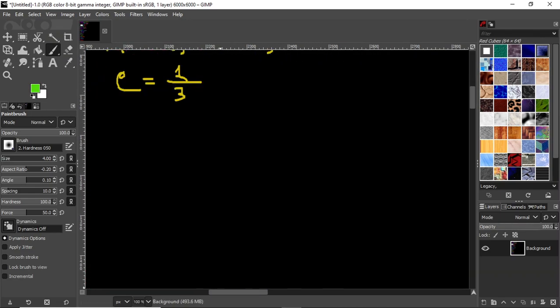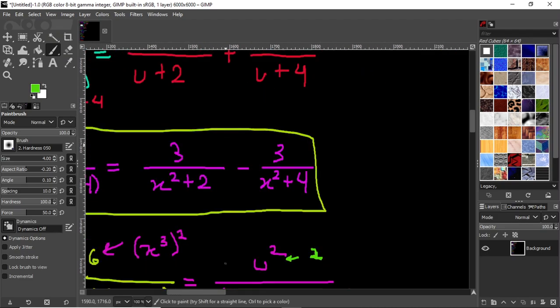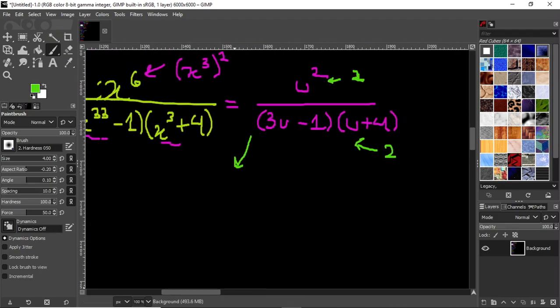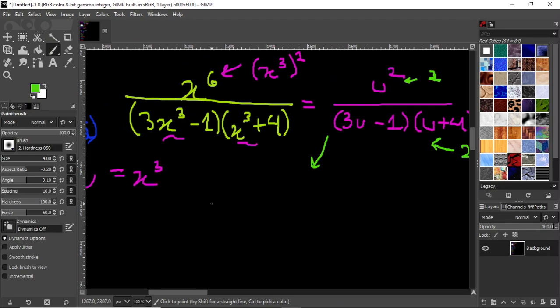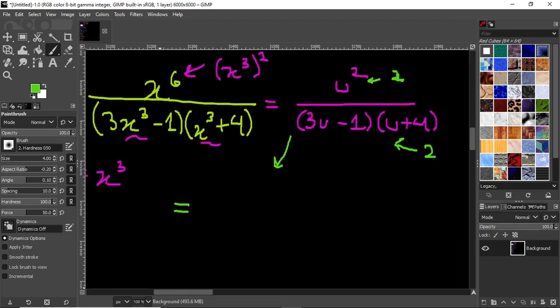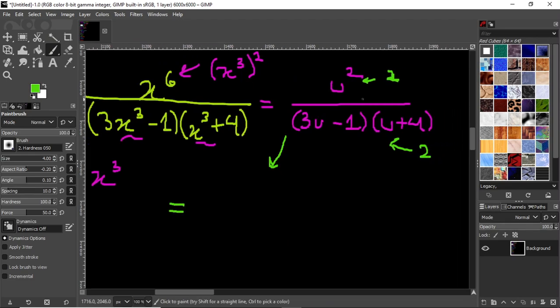Okay, so I just want to see how substitution is useful here. That's my goal here. So if I break this down into partial fractions, this is going to be 1 by 3, and this is what we get after the quotient of the algebraic division.